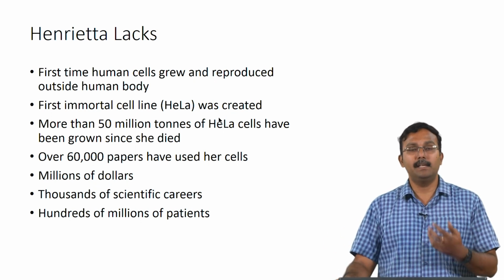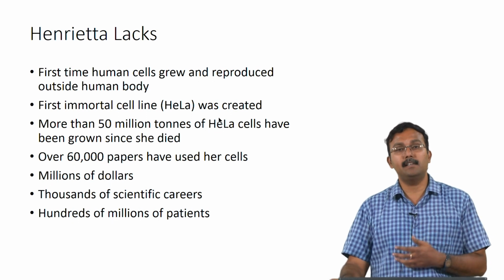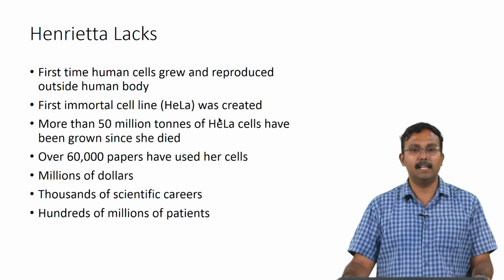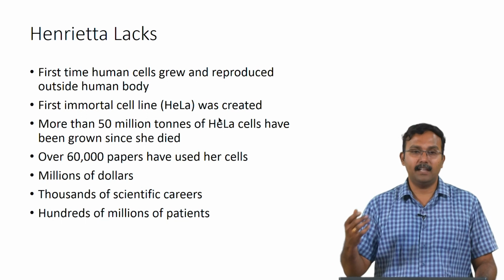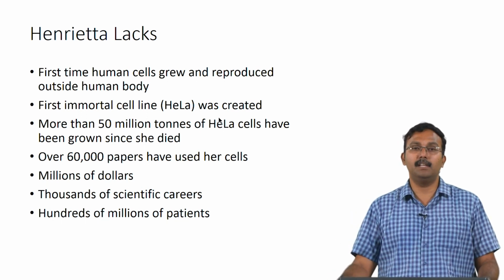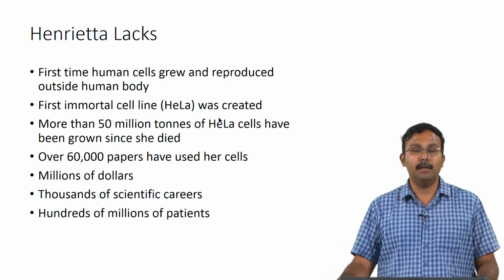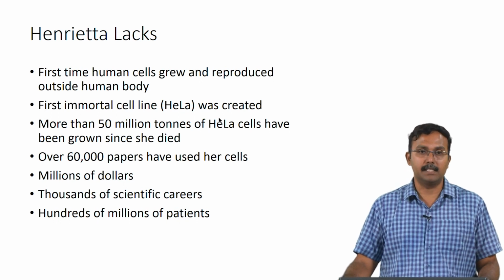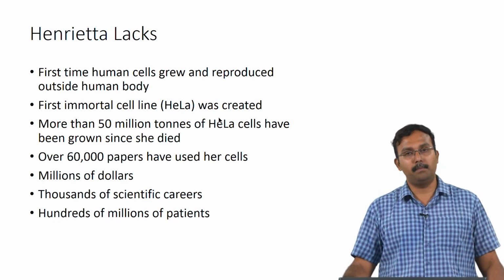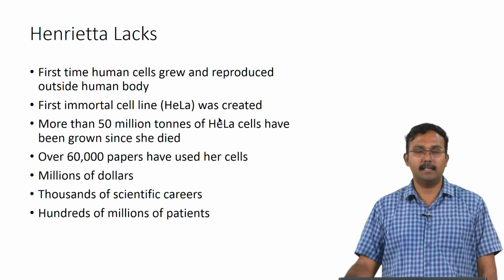Millions and millions of dollars have been spent and generated because of the HeLa cells. Thousands of scientific careers have been made and hundreds of millions of patients have actually benefited because of the use of HeLa cells. However, these cells were obtained without consent.